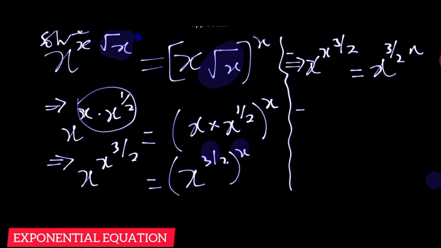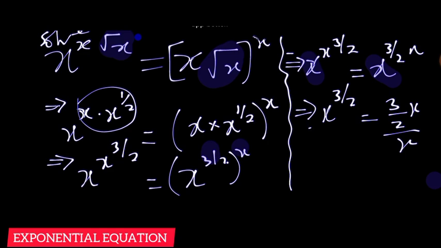From there you can see that the bases are equal. The bases being equal simply means we are going to equate the powers. Do you understand now? So we are going to have x equals 3 over 2 times x. From here, the next thing we are going to do is divide through by x.